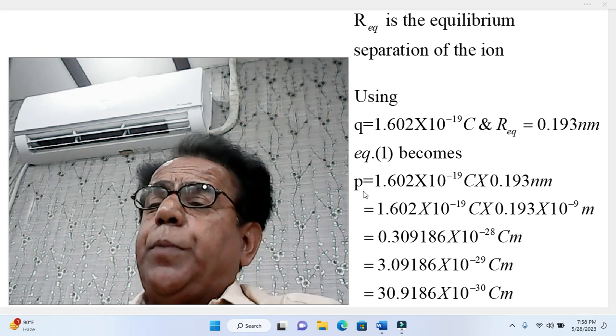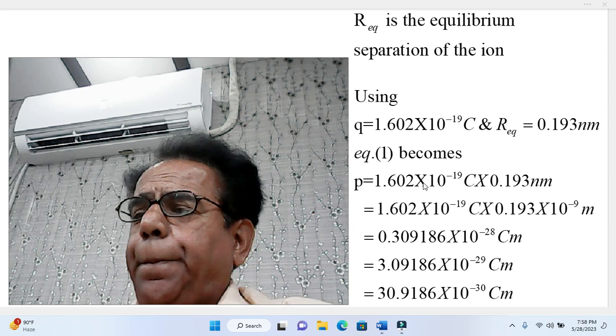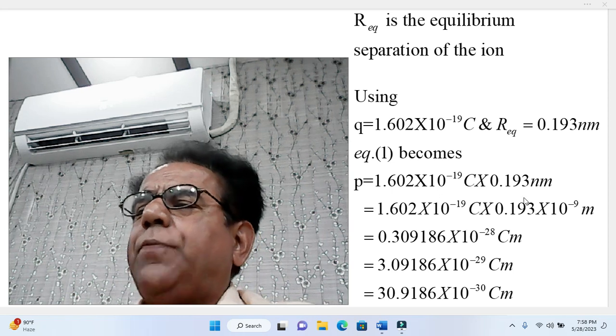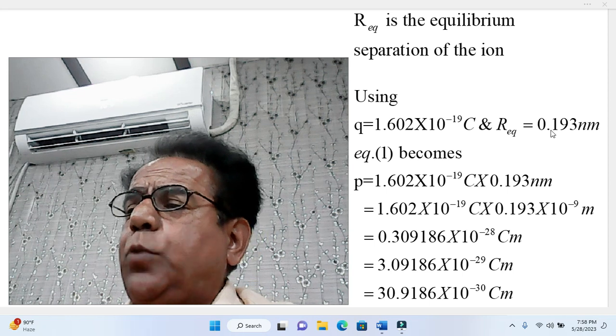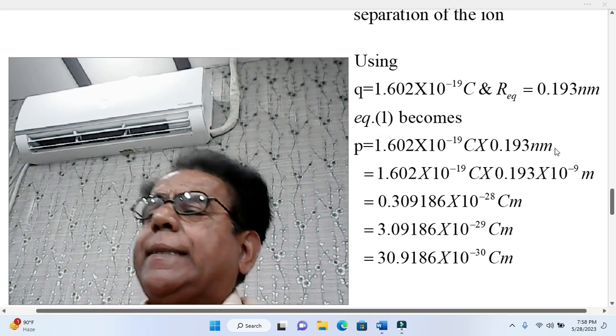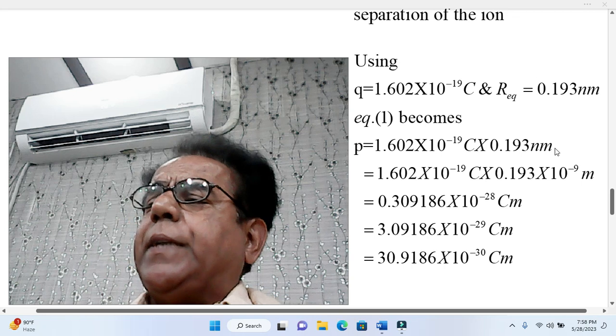Using these two values, equation number 1 becomes electric dipole moment P is equal to this into this. What we have done, we have just put the two values, and the remaining part is only simplification.